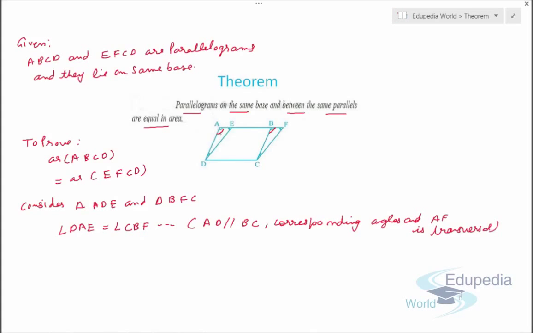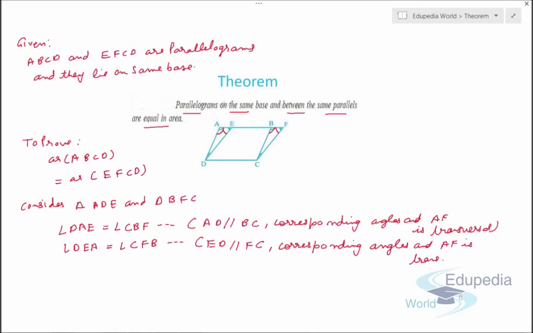Now, similarly, we can say that this angle equals this angle. We can write angle DEA equals angle CFB. Why? Because ED is parallel to FC and they make a pair of corresponding angles, and AF is a transversal.